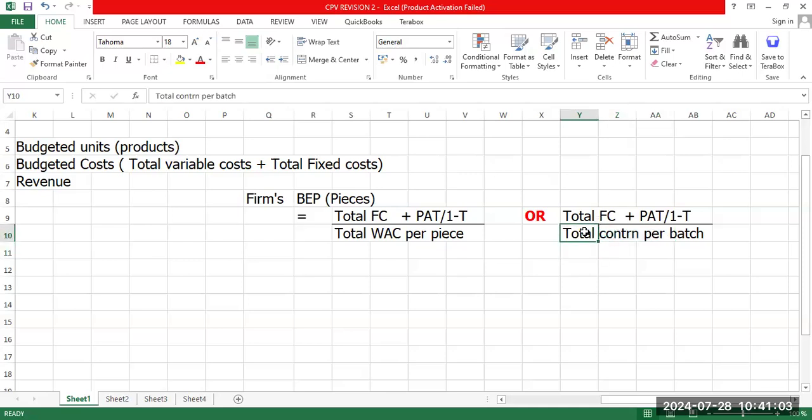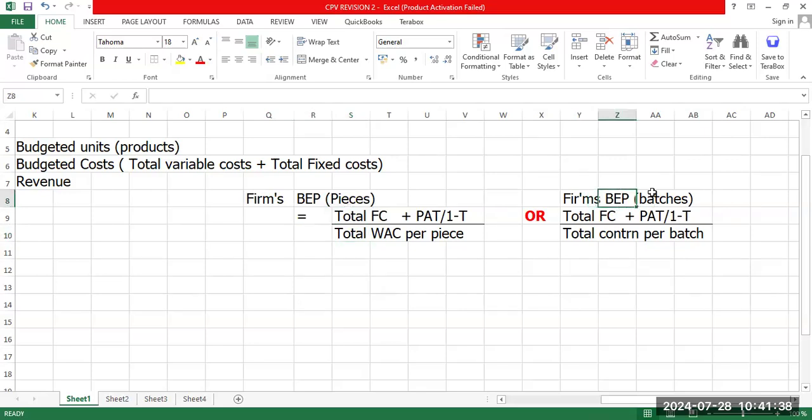But here, the person who has used this second formula is getting the firm's break-even point in batches, so at the end of it all, you convert from batches to pieces. But someone who has used this one already, his or her answer will be in pieces.